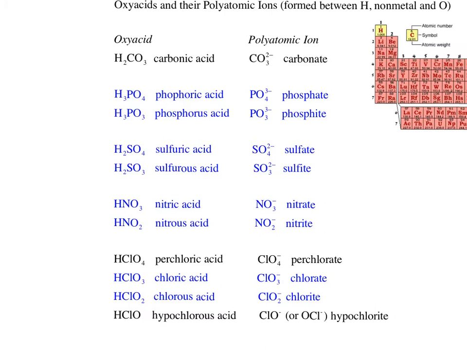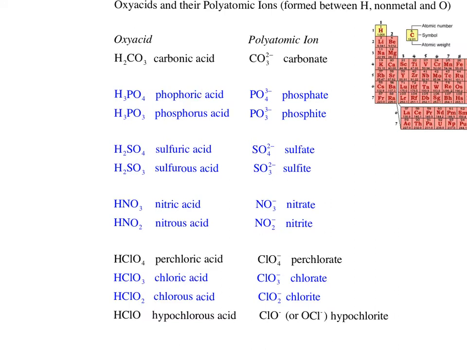And the names reflect the non-metal, so carbon, phosphorus, sulfur, nitrogen, and chlorine. And then you have this situation where, for example, here you have a difference between IC and OUS again. The IC in phosphoric acid is telling you that between these two types of phosphorus oxyacids, one has 4 oxygens, the other one's got 3.